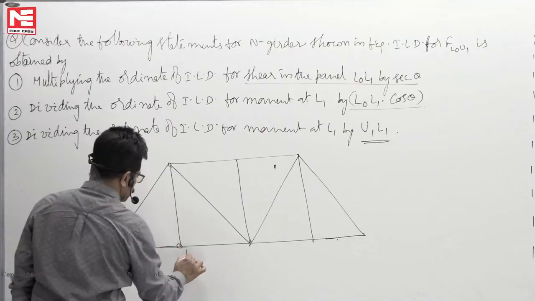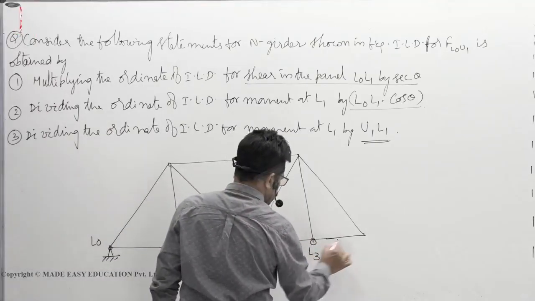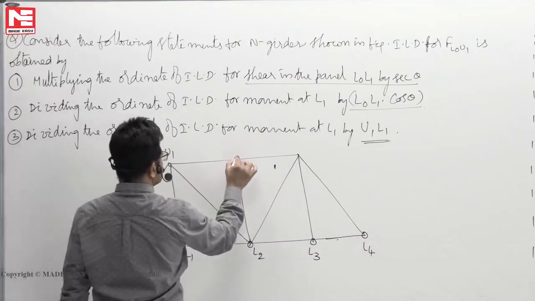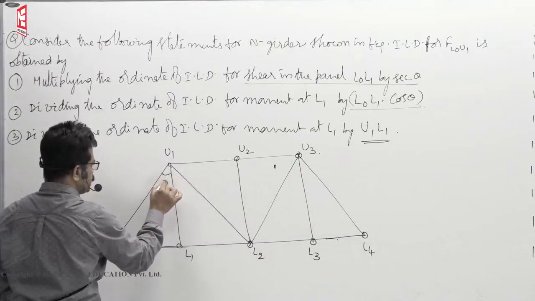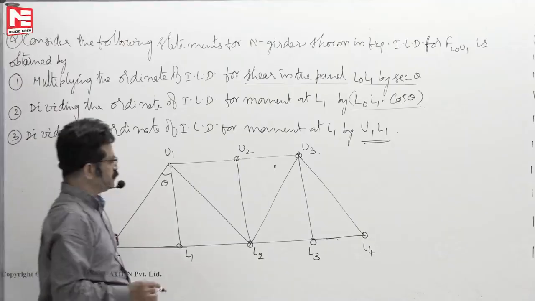L0, L1, L2, L3, L4. This is U1, U2, U3. This angle of inclination is theta. This is the problem.